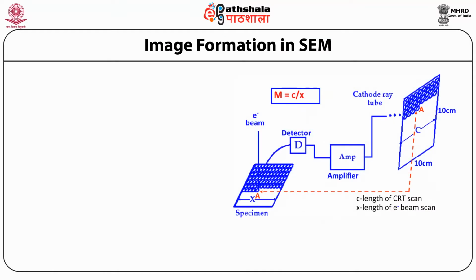Now let us discuss how an image is formed in a SEM. As evident from this figure, we have an electron beam which is coupled through the detector, and an amplifier amplifies this signal, and using this cathode ray tube, it is focused onto the specimen.